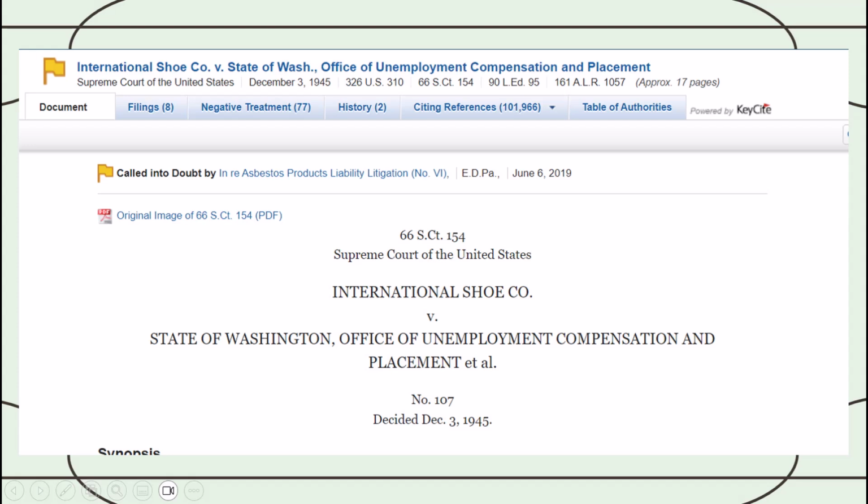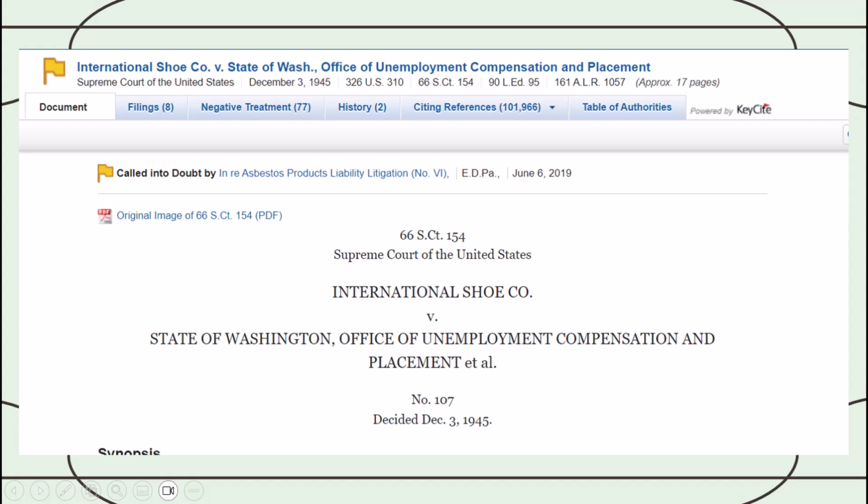If you look a little further down, you'll see that next to another yellow flag, it says called into question by, and then another case name. Well, right away, your spidey senses are tingling. There's something wrong with International Shoe. And I have to tell you, it was preparing for this video that was the first time I found out there was anything wrong with International Shoe.